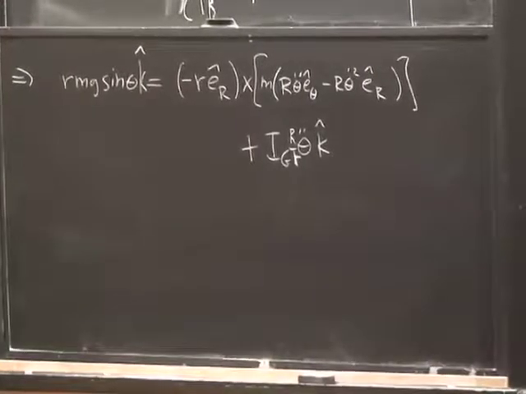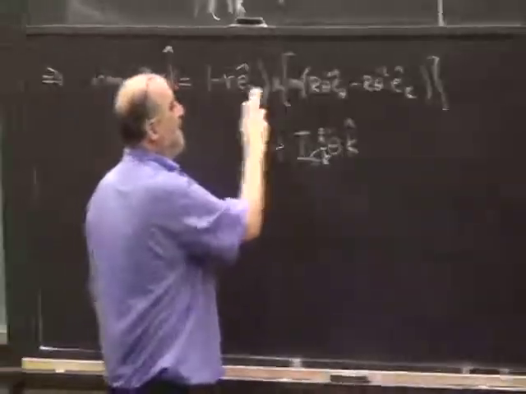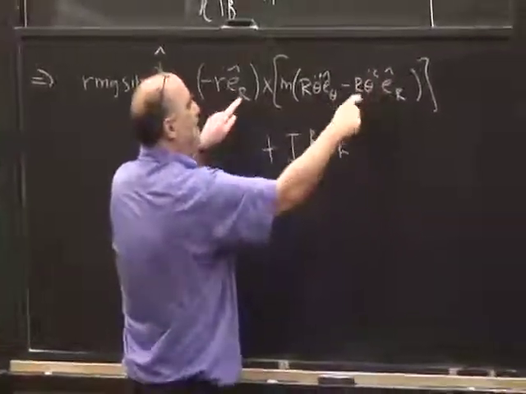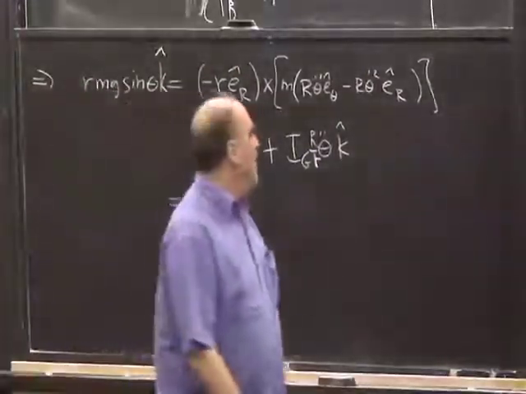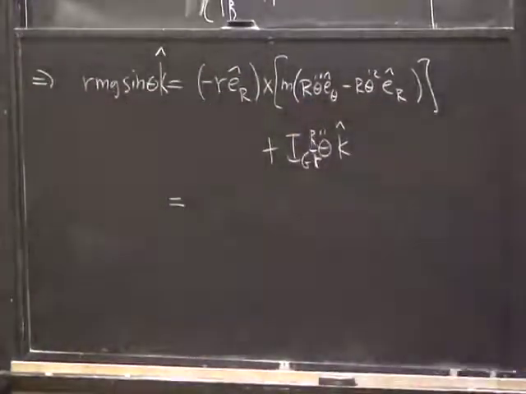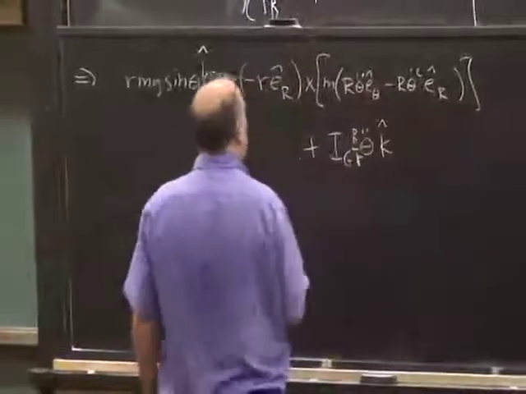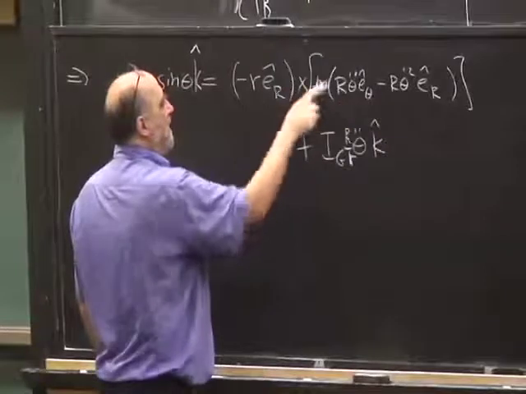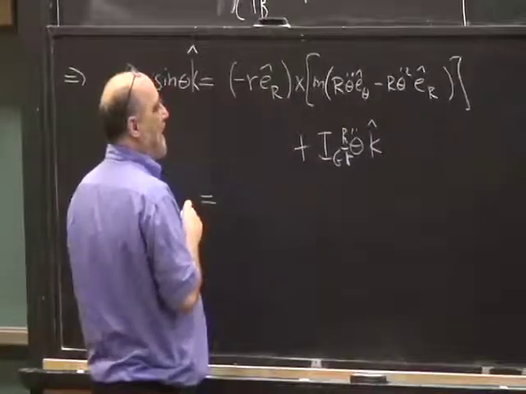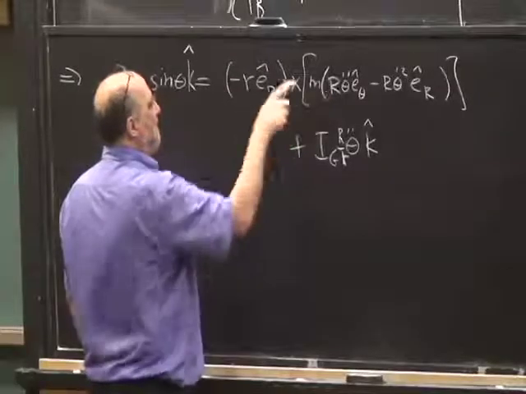Okay, so now we have to carry out this cross product. On the right-hand side, we have an e_R crossed with e_R. And as is the nature of these pendulum problems, the centripetal term doesn't show up. There's no rate of change of angular momentum associated with the centripetal acceleration. That drops out because it's an e_R crossed with e_R. So we have then e_R crossed with e_theta, which is a positive k.